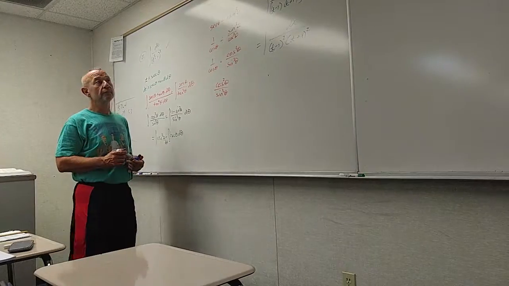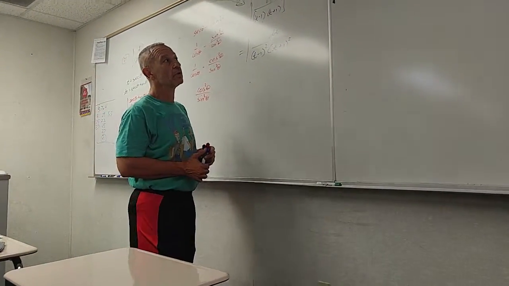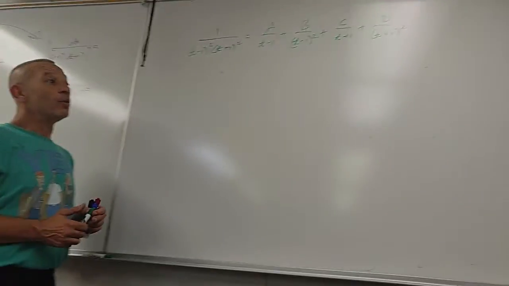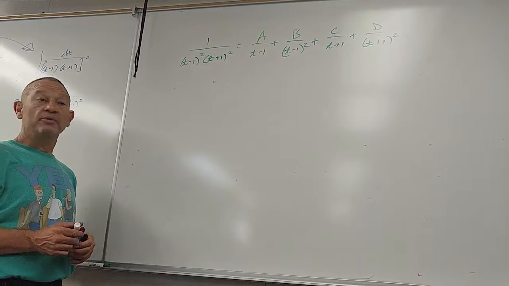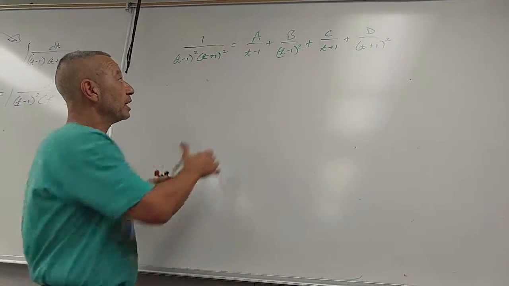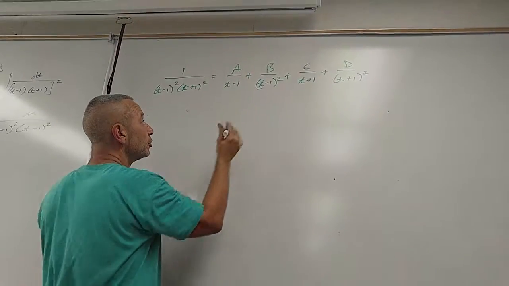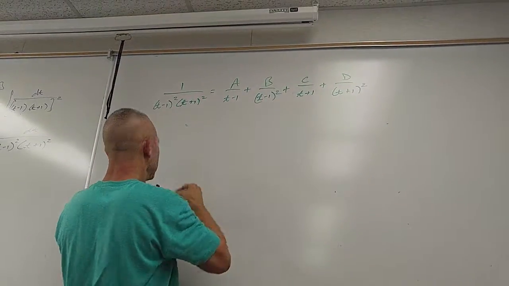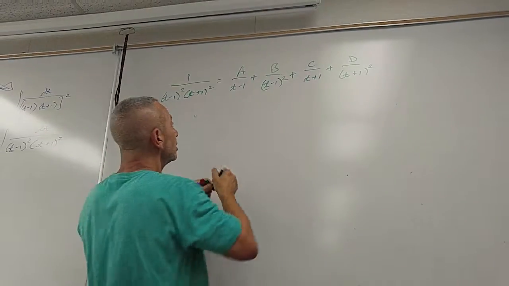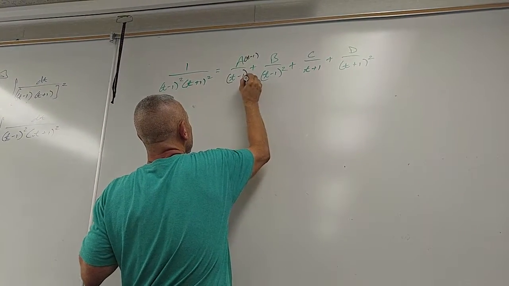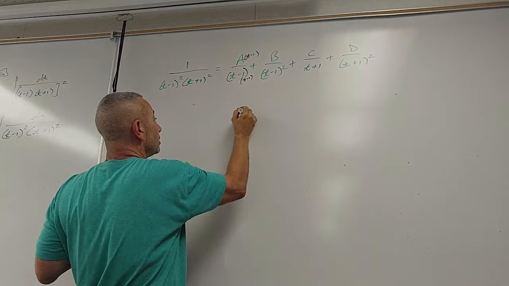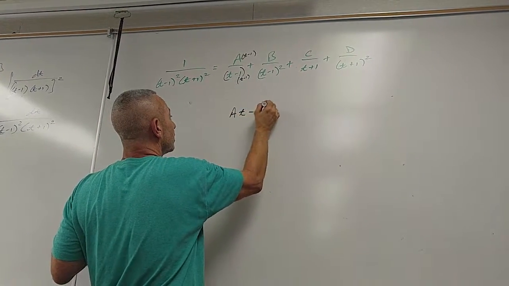I have a question. How do you know when it's the Bx plus C over? When it's a quadratic. See, we want to form proper fractions. Now, if you combined these two, think about it, it's really a very good question. If I were to combine these first two fractions, notice that you get a t minus a plus b.